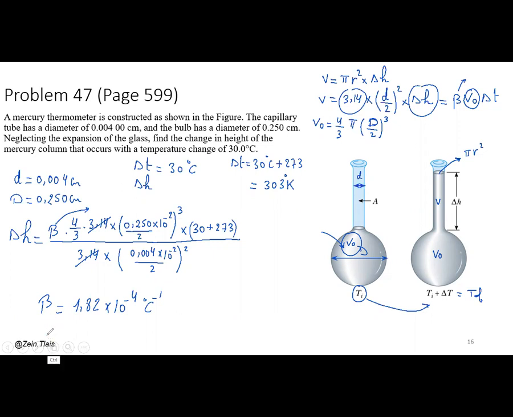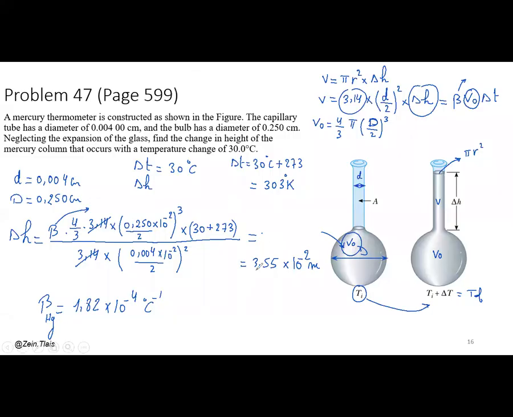Beta of the mercury. I am calculating the expansion of the mercury. It equals 1.82 times 10 to the power minus 4 per Celsius. The answer will be equal to 3.55 times 10 to the power minus 2 meter.